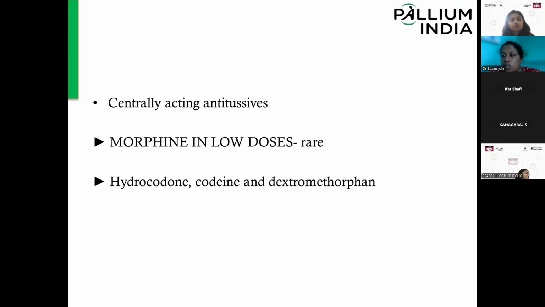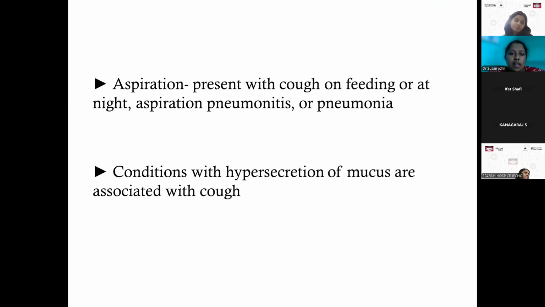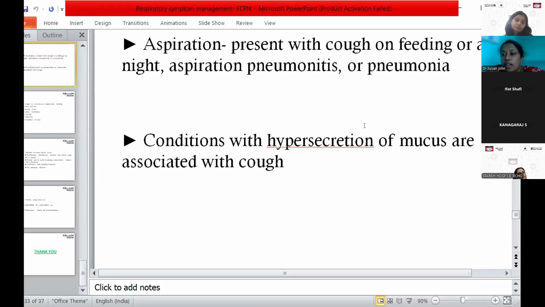We can use low dose morphine for chronic cough due to cancer related issues. And we can give hydrocodone, codeine or dextromethorphan, which are different types of cough syrups. So these are the main things we usually see in patients with breathlessness and cough.